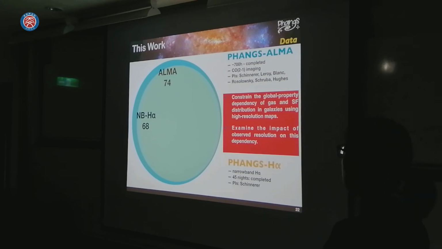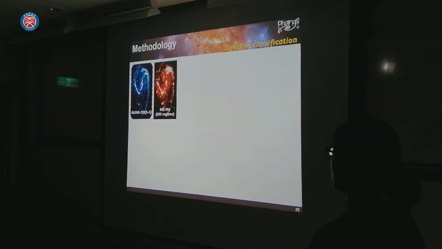Because we can also use PHANGS, but the sample size is too small, only 19 galaxies. So the approach is very simple.